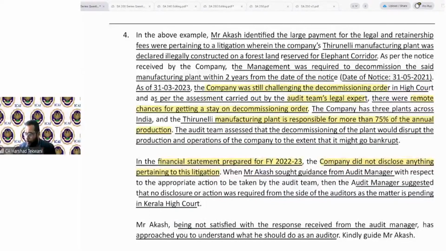Where will you disclose? How will you disclose? Very important.